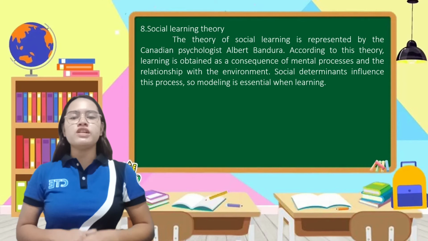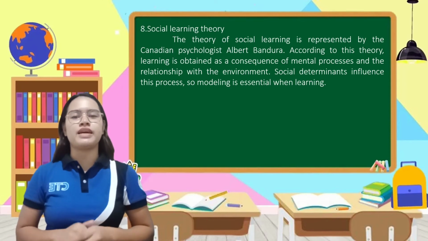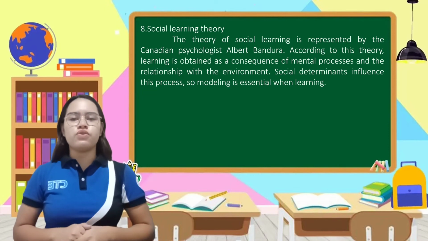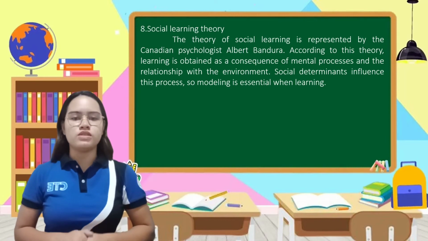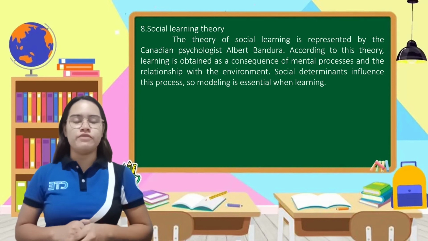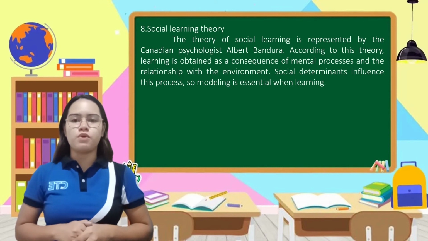Eighth, social learning theory. The theory of social learning is represented by Canadian psychologist Albert Bandura. According to this theory, learning is obtained as a consequence of mental processes and their relationship with the environment. Social determinants influence this process, so modeling is essential when learning.